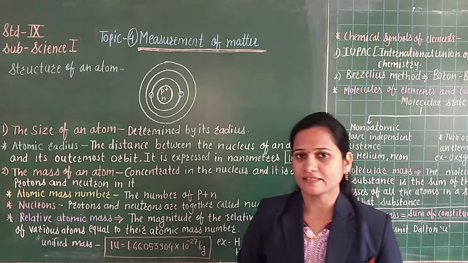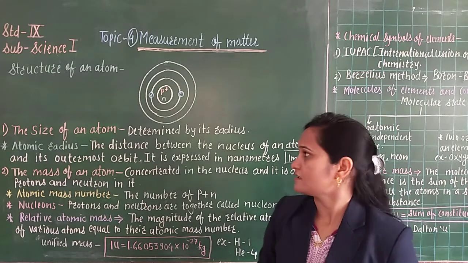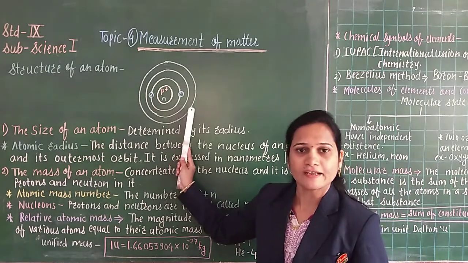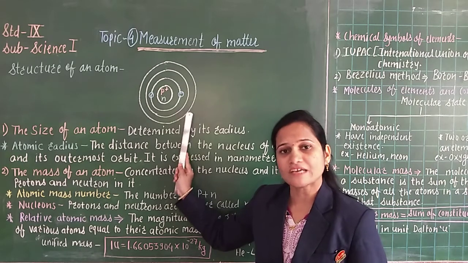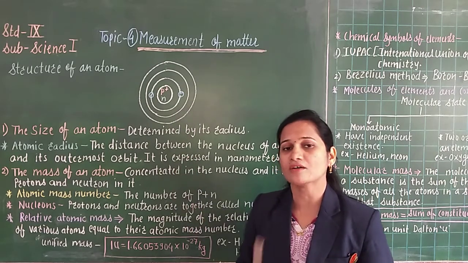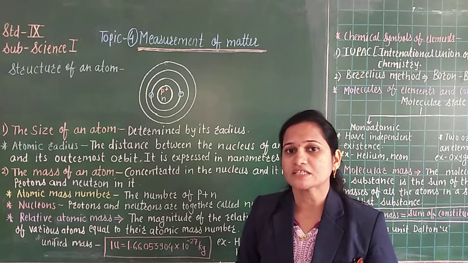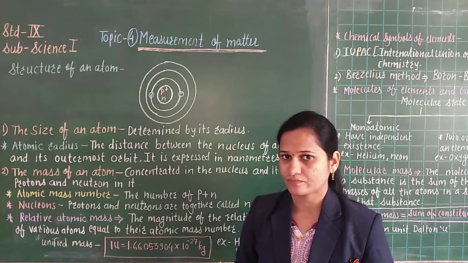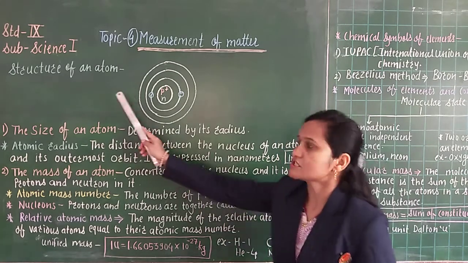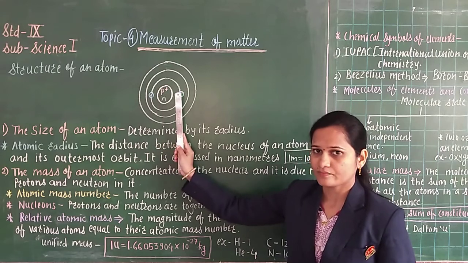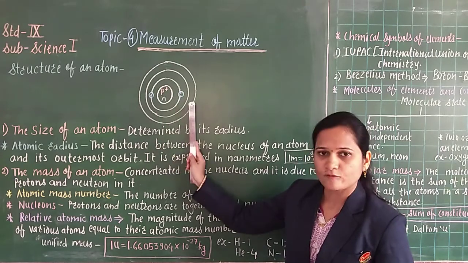But before starting this point, we will see the structure of an atom. In the previous standard you have already studied the structure of an atom. Observe this diagram carefully.